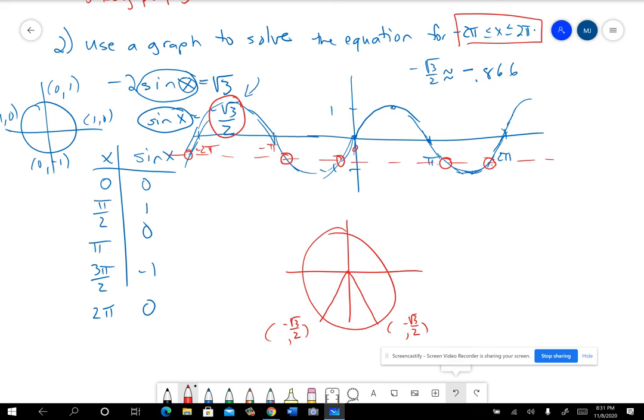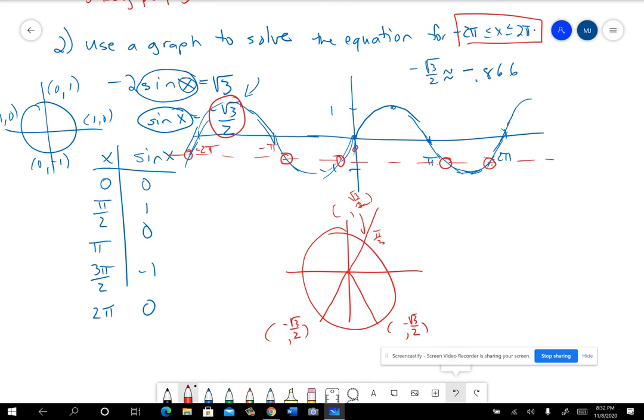Do you see how it's related to the pi over 3s? The pi over 3 here has positive square root of 3 over 2, but you need it to be negative, so that would be here.